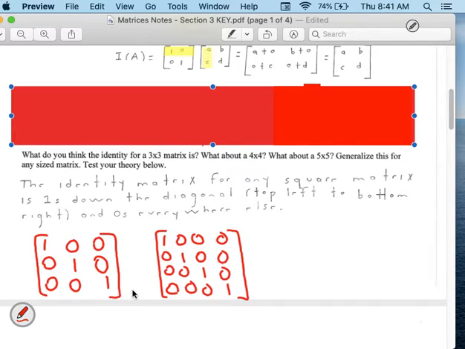All right, so next, identity and inverses. Turn the page here. An inverse is something that undoes something. So addition and subtraction undo each other. Multiplication and division. Squares and square roots.